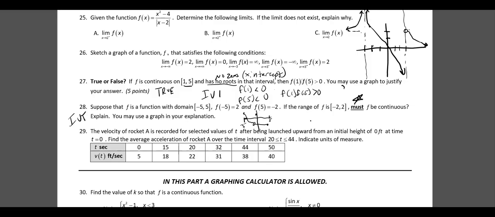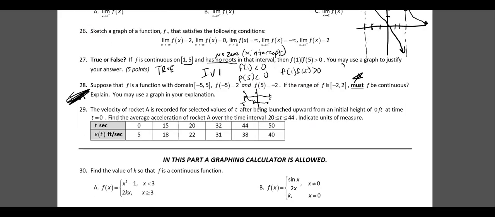But it didn't tell us it was continuous, so we can't assume it. We just want to take it for what it is. It could be continuous, it couldn't be continuous. Therefore, it doesn't have to be continuous.